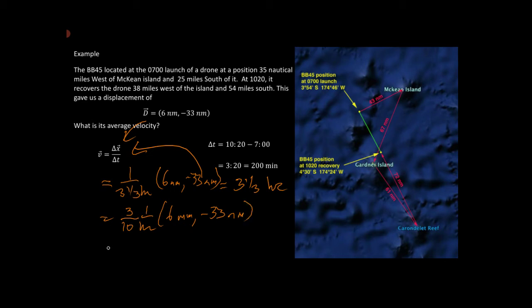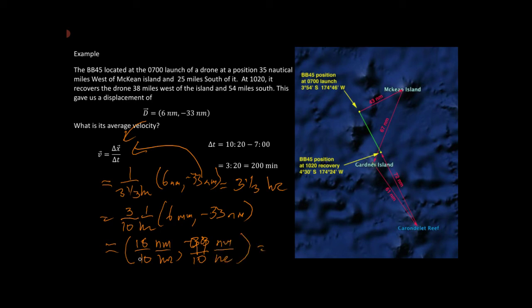Okay, so we multiply by 3 and divide by 10. So we have 18/10 nautical miles per hour, and minus 99/10, because 3 times 33 nautical miles per hour.